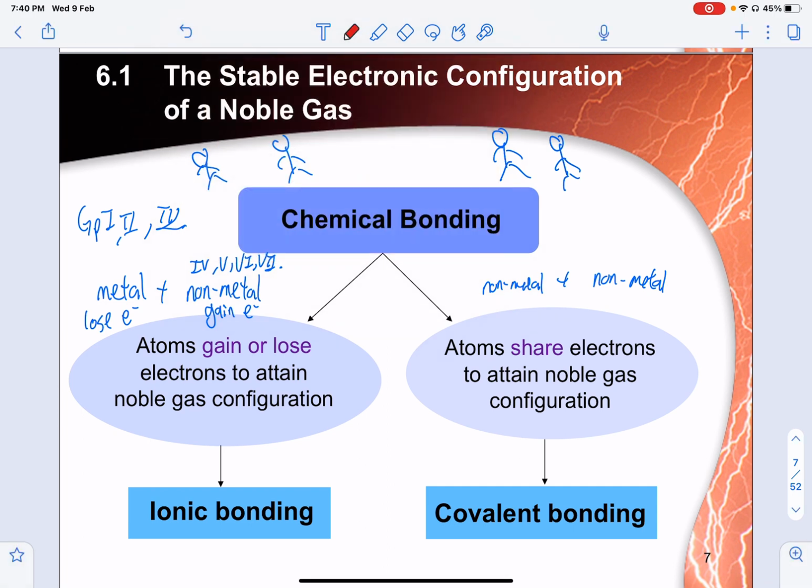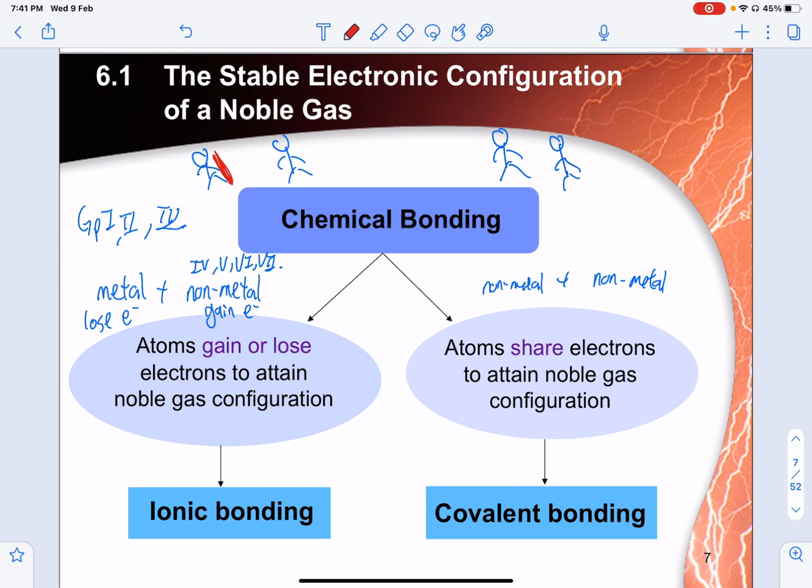The red color will represent the item that we either transfer over. So in this case, when we talk about ionic bonding, it means that this red stick we actually pass on to the other, such that the other person is not receiving this stick again.